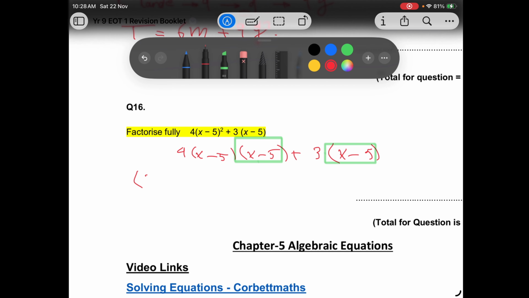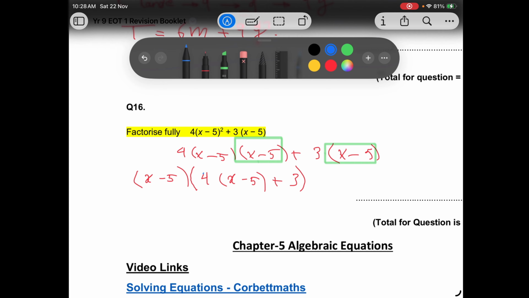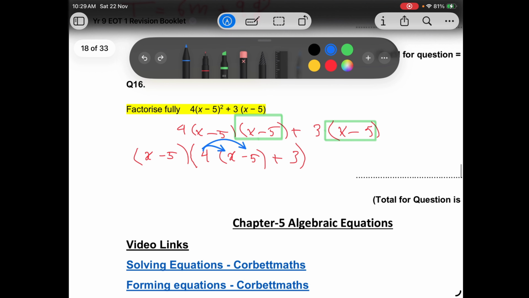So it will be x minus 5, then what is left is 4 times x minus 5 plus 3. Then from this step I can simplify. You can multiply the 4 by this x minus 5, but don't multiply it by the 3, please, because 4 is multiplied only by this x minus 5. If you multiply 4 by 3, it will be incorrect.